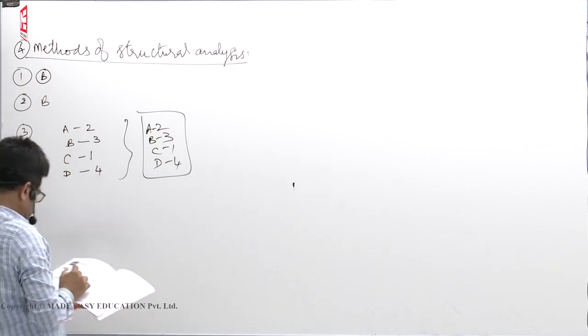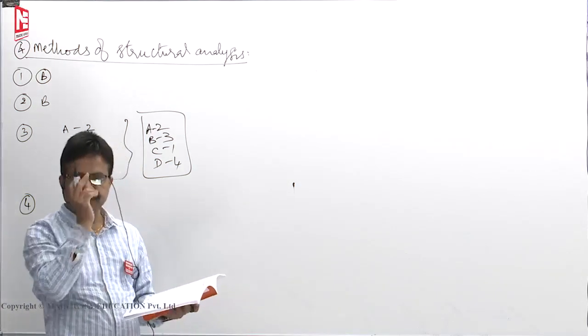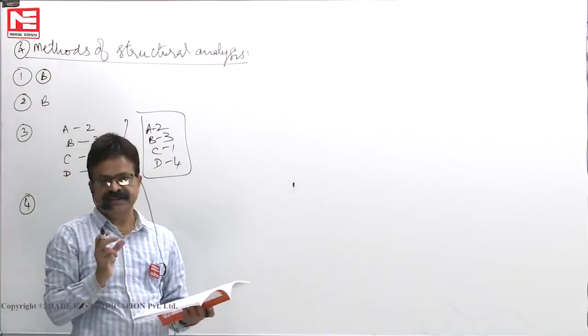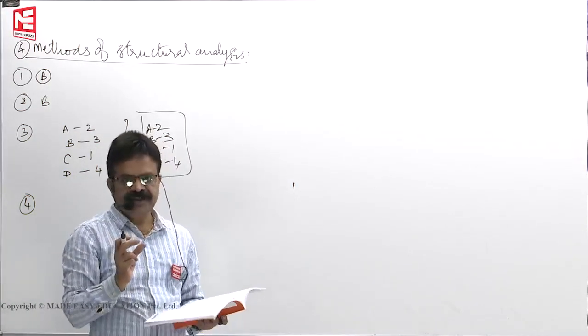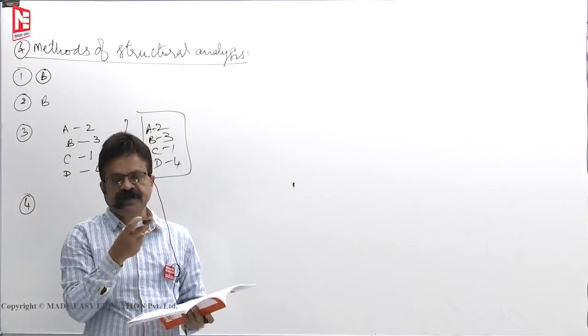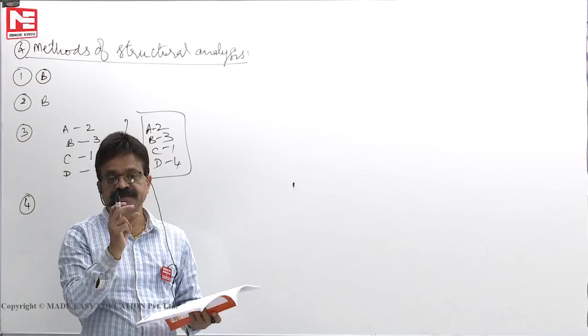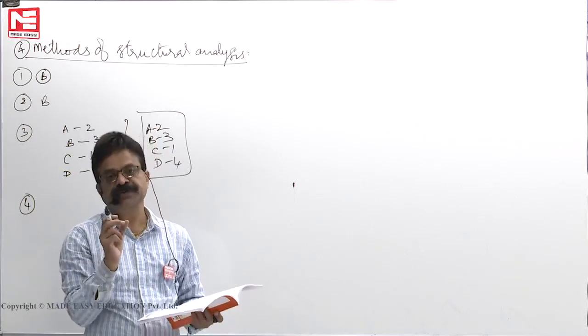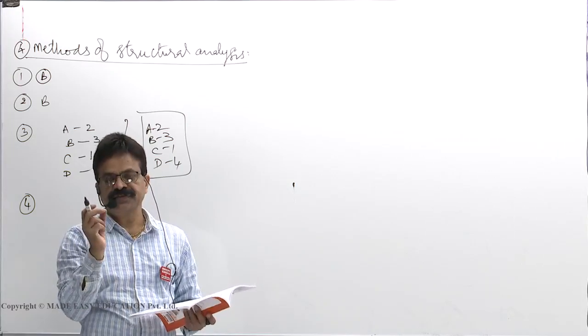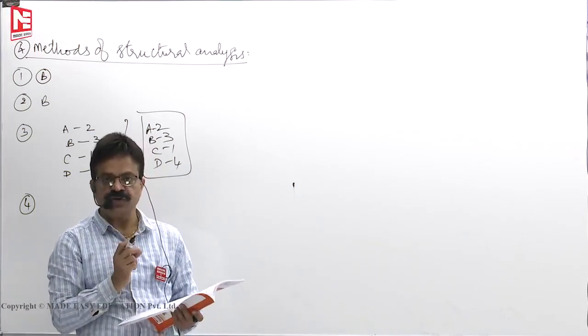Next, fourth one. That's why I have given you one full class on the strain energy methods, complementary energy method. Complementary strain energy method, Castigliano's theorem 1. Applicable to that strain energy method means dou U by dou P we have to write. Energy dou U by dou delta. If you write it, you will get the force.